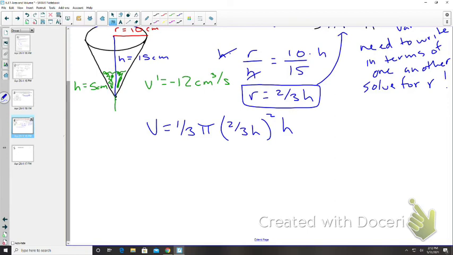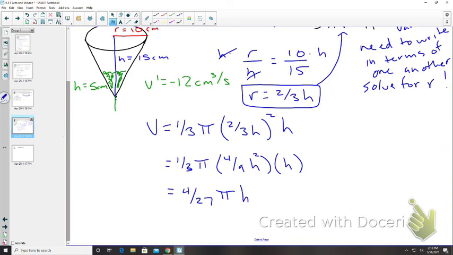So 1 over 3 pi, and 2 over 3 squared is 4 over 9, times H times H. 1 over 3 multiplied by 4 over 9 gives me 4 over 27 pi, and H squared times H gives me H cubed. Four over 27 pi H cubed. Good.